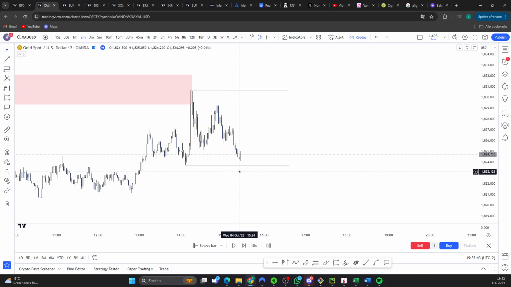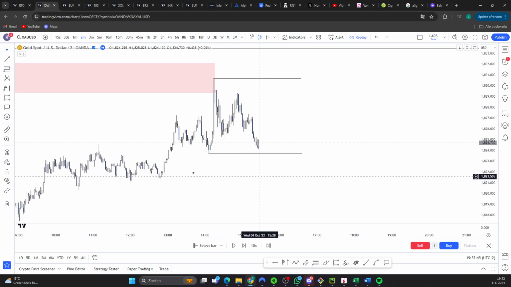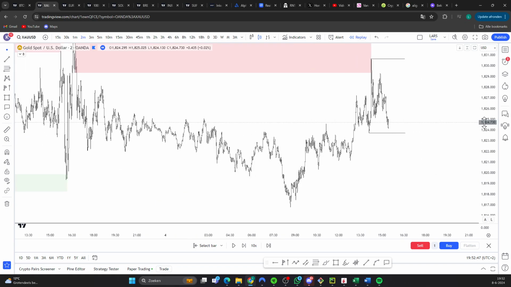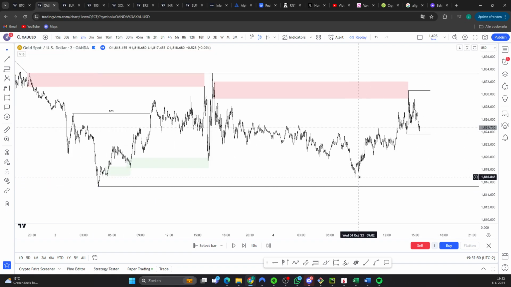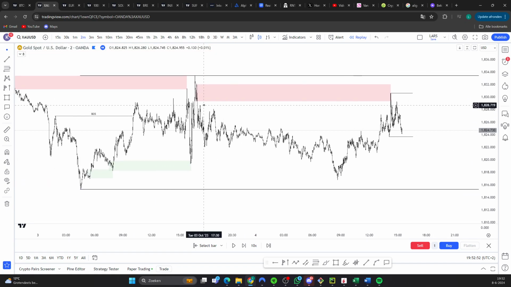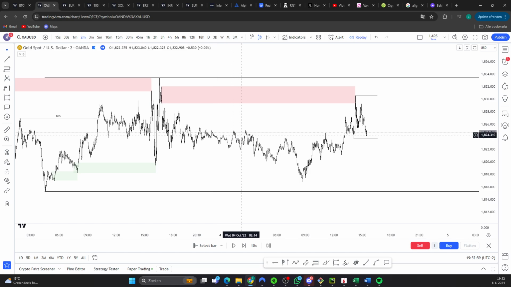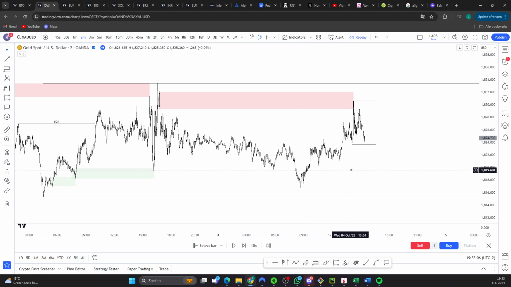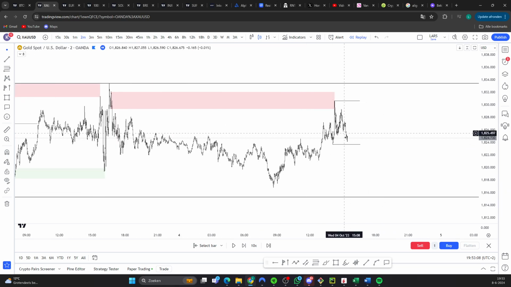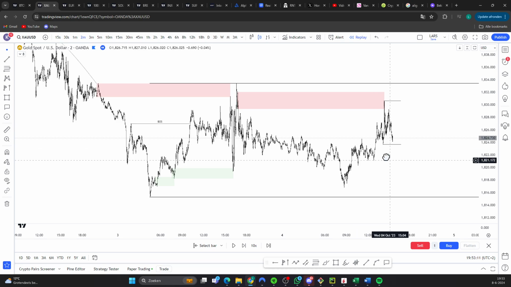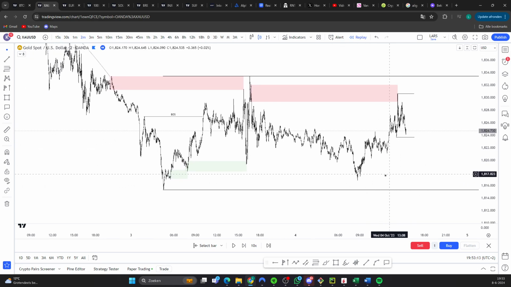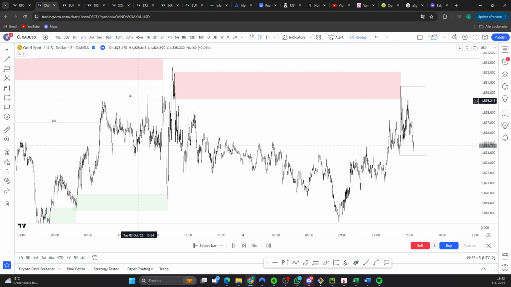New York is about to open. London lows. So within the range, we've swept all Asia liquidity. London is below us. If we break structure and we get a good risk to reward entry, we could try to short it down. What's this high?